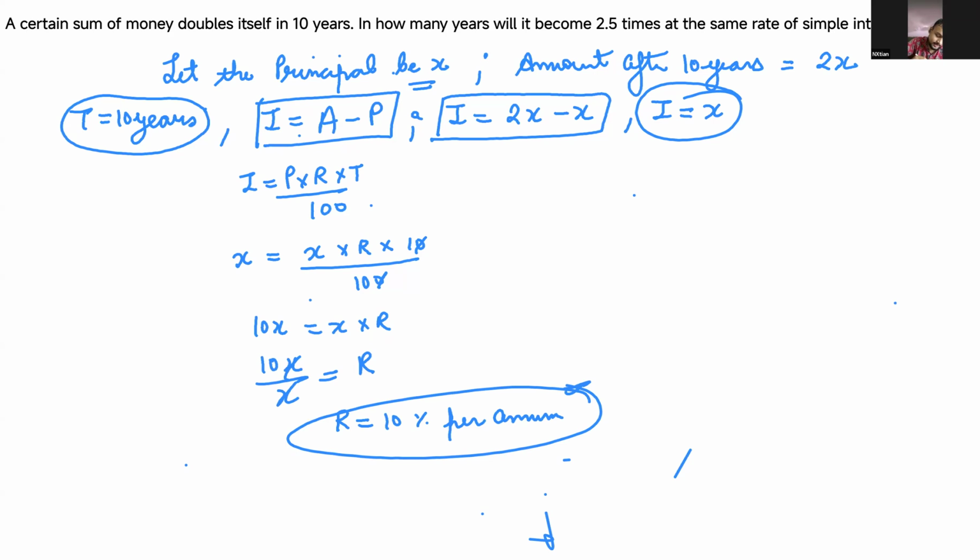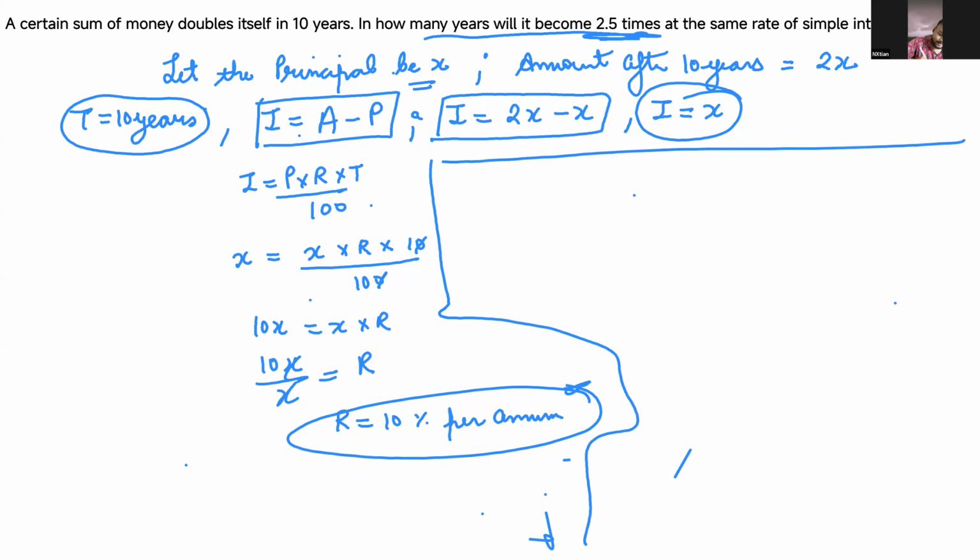Now he wants the money to become 2.5 times. The rate is the same, because it is said that it is at the same rate of interest, which I got as 10. Now the principal is x, so the amount will become 2.5x.